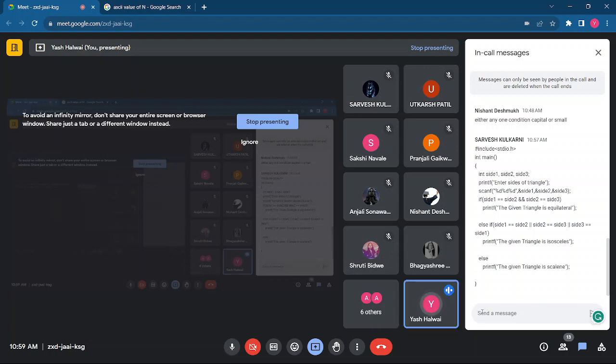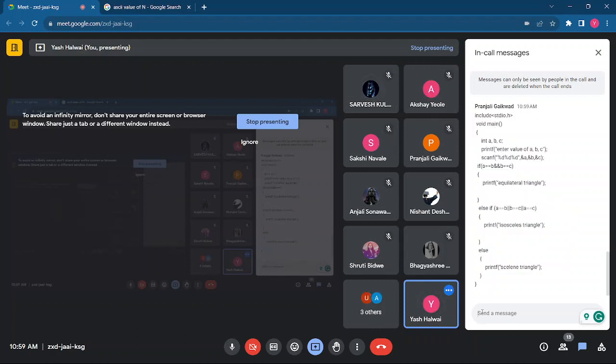Sarvesh, which department are you from? IT. Okay, very good. You are doing really well. Pranjali also provided code, code by Pranjali, code by Sarvesh. At exactly 11 I will copy your code and paste it there. You have only 1 minute. Anyone interested in providing the code? I will write your name there.